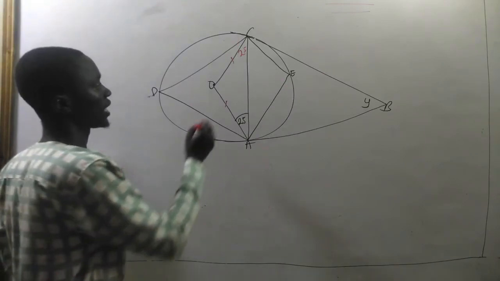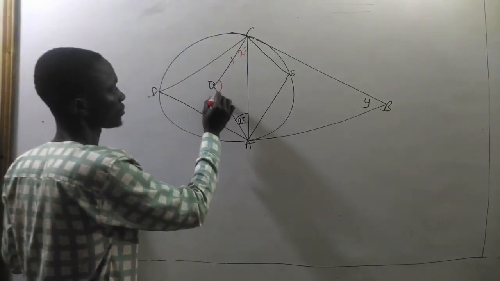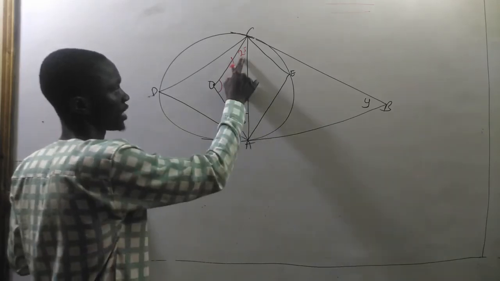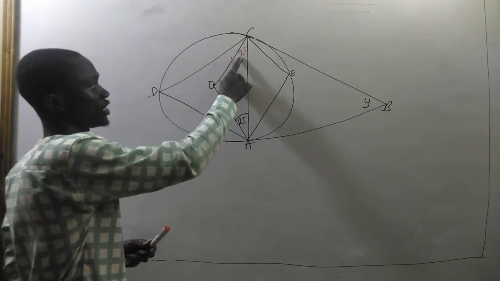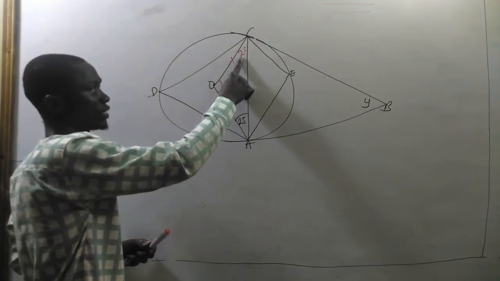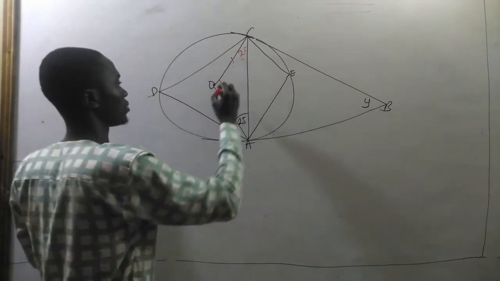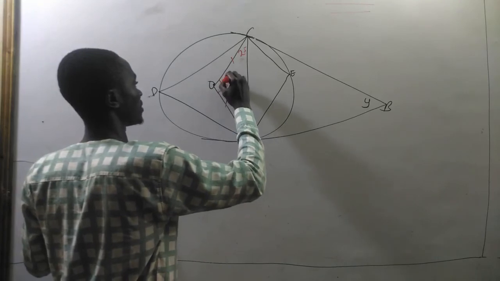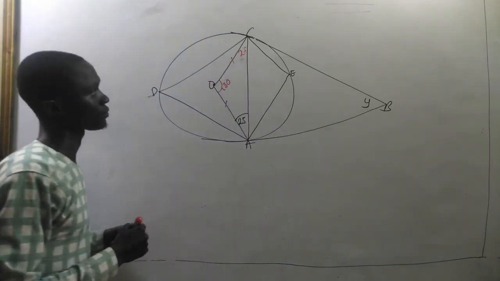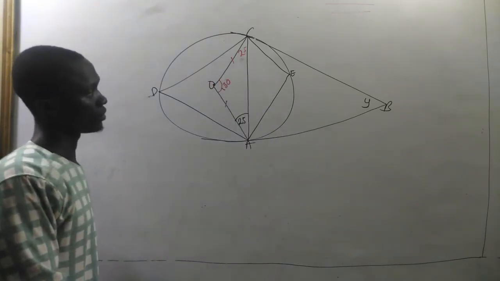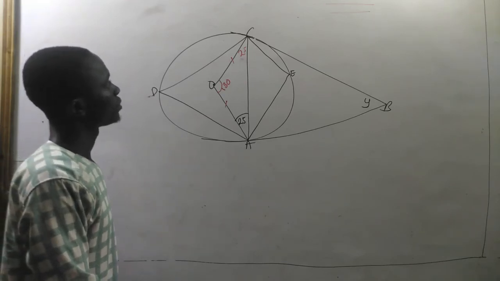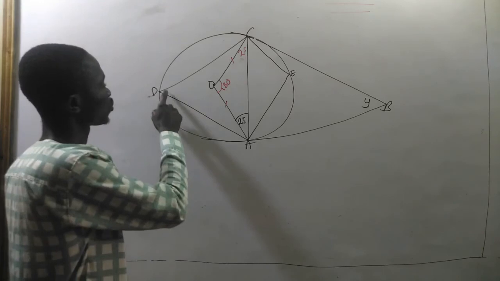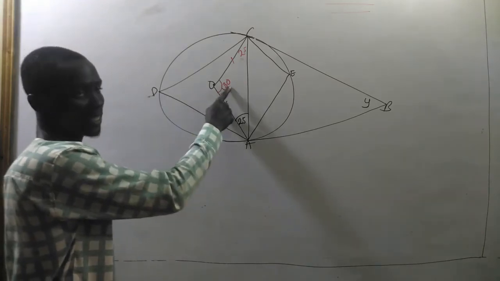So we can quickly find this angle. That is 180 minus 25 plus 25. 25 plus 25 is 50. If you subtract it from 180, you get this angle as 130. Wow. Now, we see that twice this angle will give us this angle.